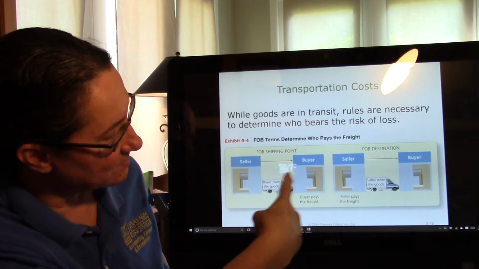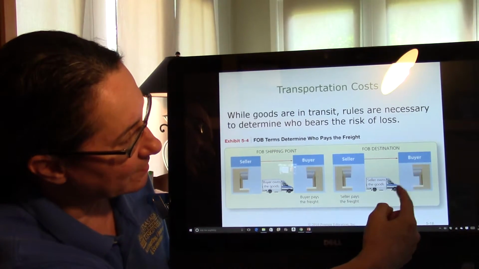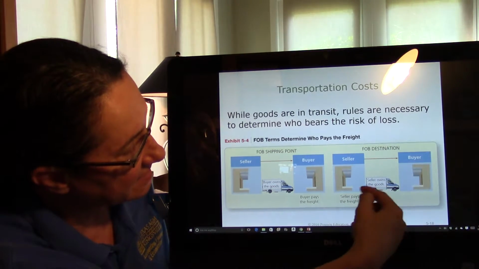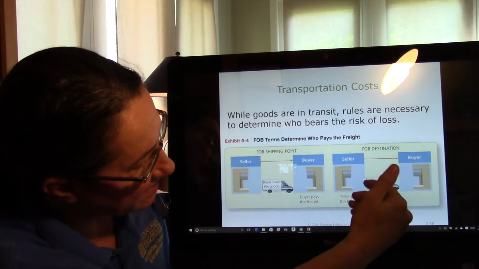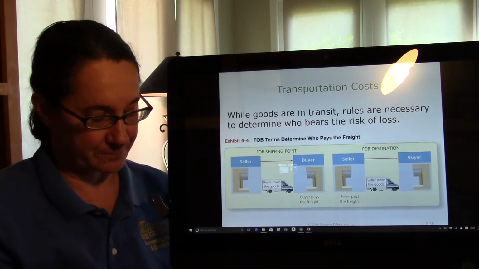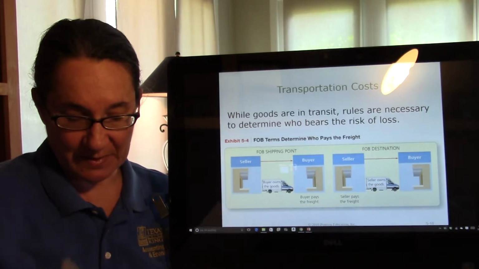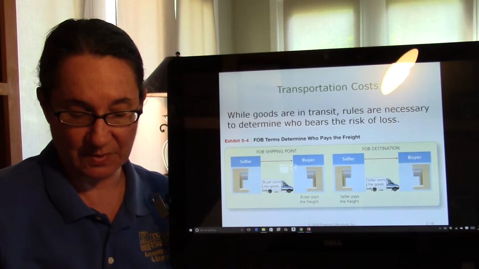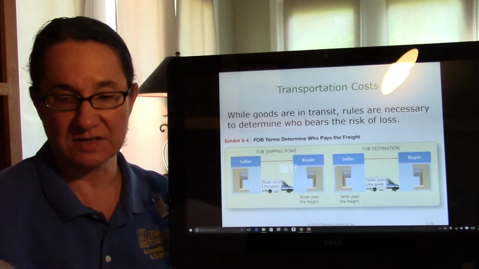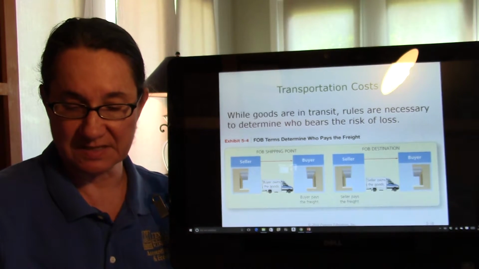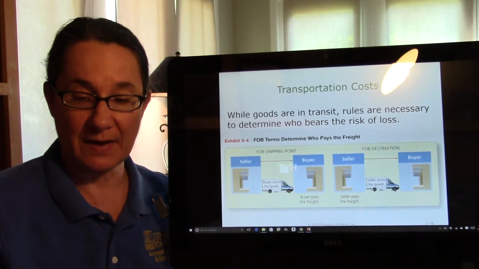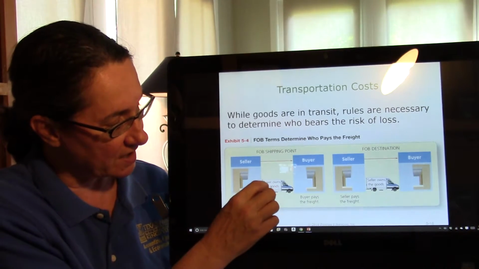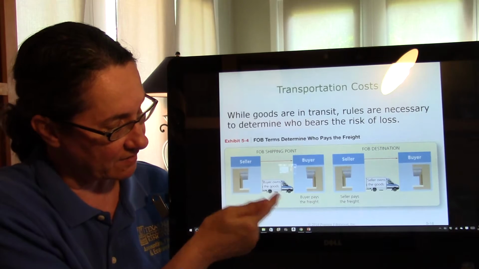That's FOB shipping point. Or it doesn't really belong to the buyer until it gets there, at the destination, and that's called FOB destination, and the seller owns it and pays for it. FOB shipping point is a situation in which the buyer takes ownership or title of the goods after the goods leave the seller's place of business, the shipping point, and the buyer typically pays the freight. Right? So as soon as it gets put on the truck, it becomes the buyer's, so they're paying for it.